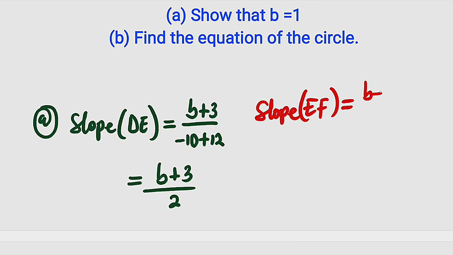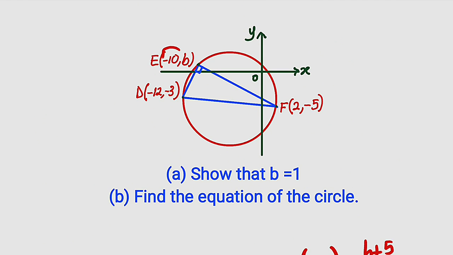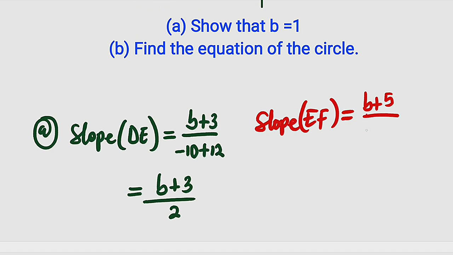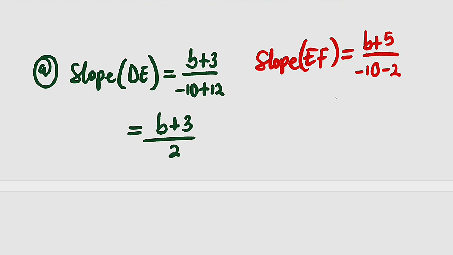We have B plus 5 to the top. To the bottom, we have negative 10 minus 2. Let's simplify. This is equal to B plus 5 divided by negative 12.